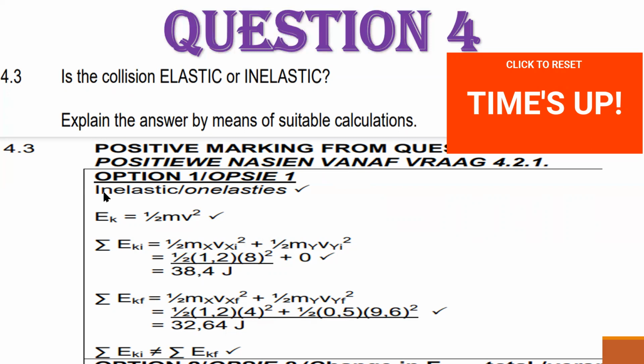All right, the answer is inelastic collision because we don't have the same kinetic energy. Or you can use delta EK, change in kinetic energy. If the change is zero, elastic. If it is different, inelastic. Calculate the initial and final total kinetic energy, all together.